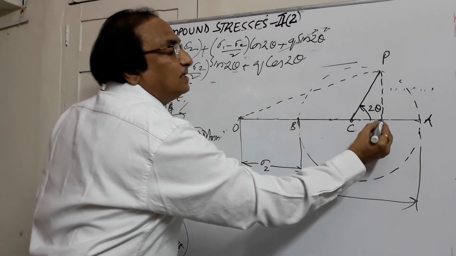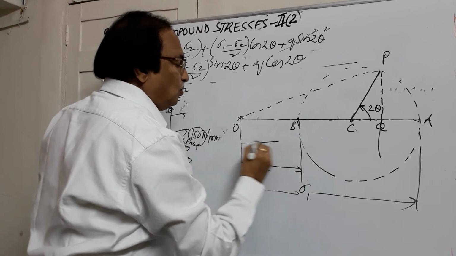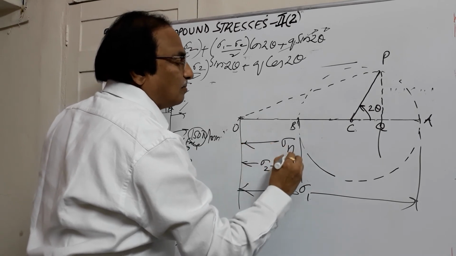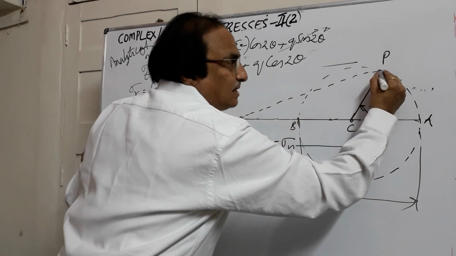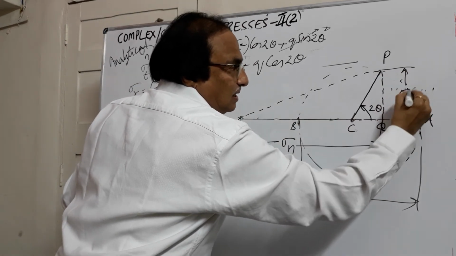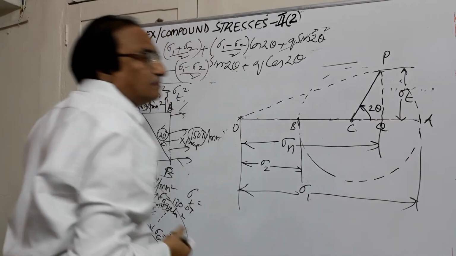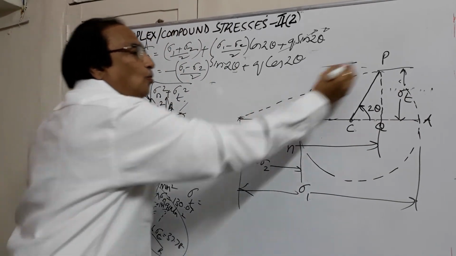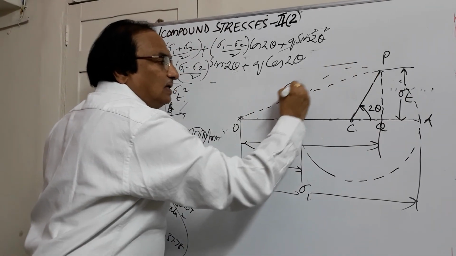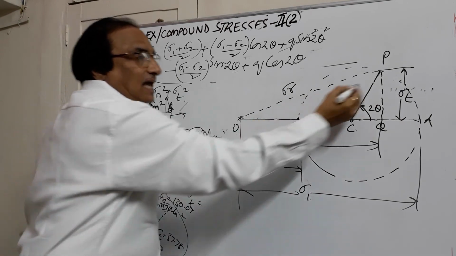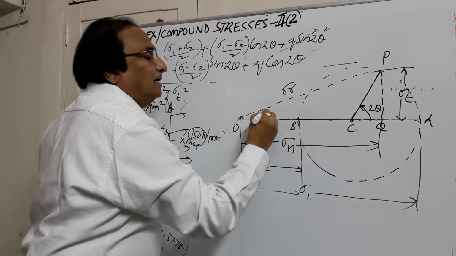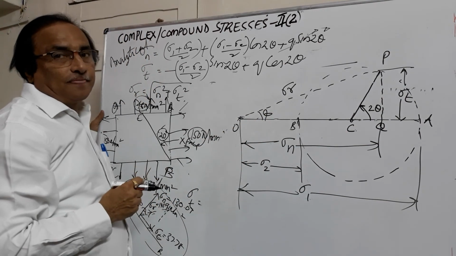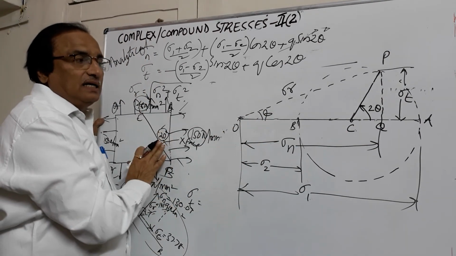Now if you measure this distance OQ, you get the normal stress. If you measure this height, this will give the tangential stress. If you measure OP, this OP will give the resultant stress. And this angle POA, this angle is the angle of obliquity. We have solved the problem analytically.